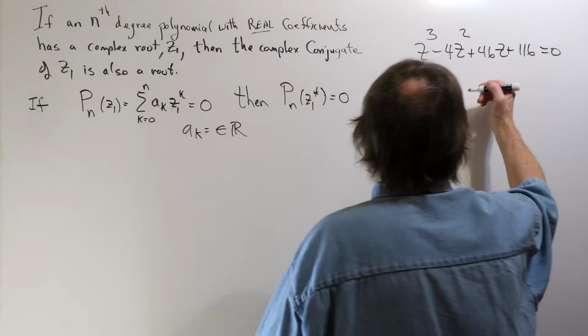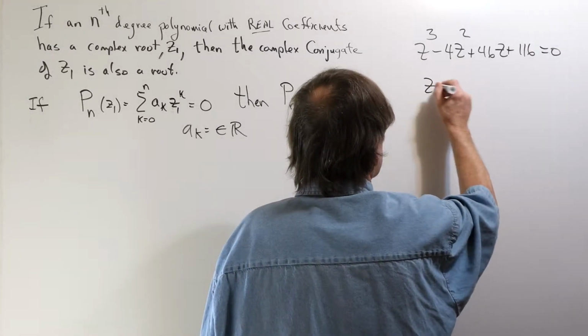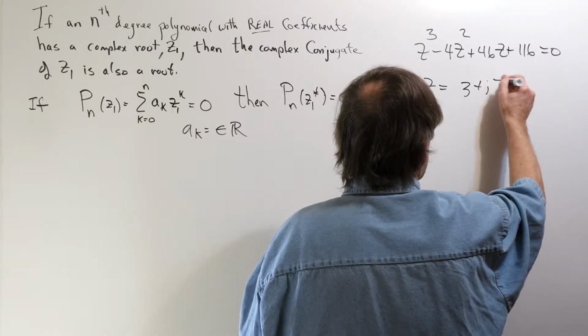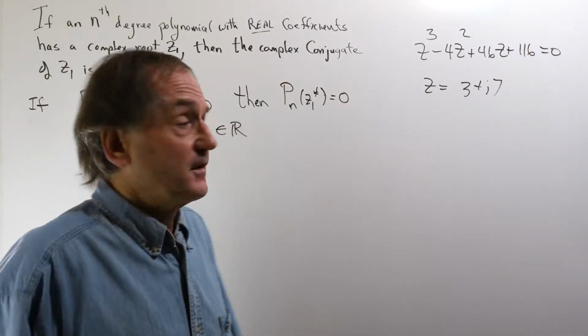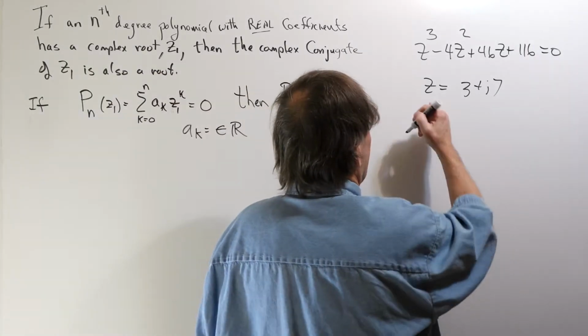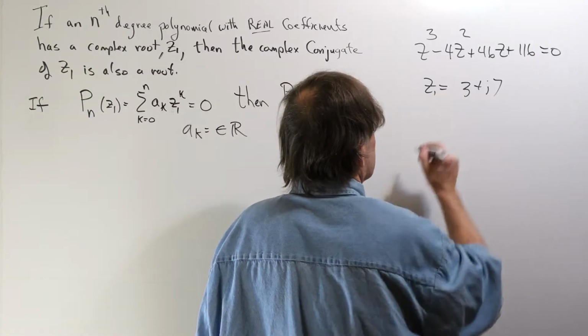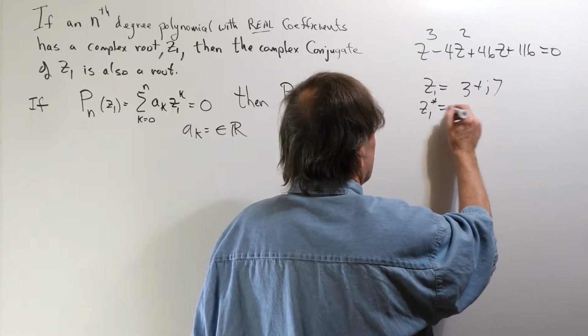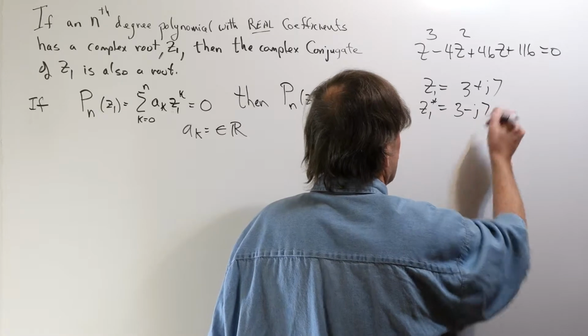Suppose we find in this equation that z equals 3 plus j7 satisfies the equation, which it does. Then we're also guaranteed that if z1 satisfies the equation, then z1 conjugate also satisfies the equation.